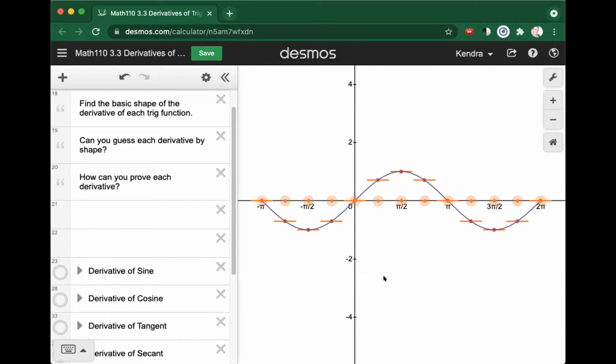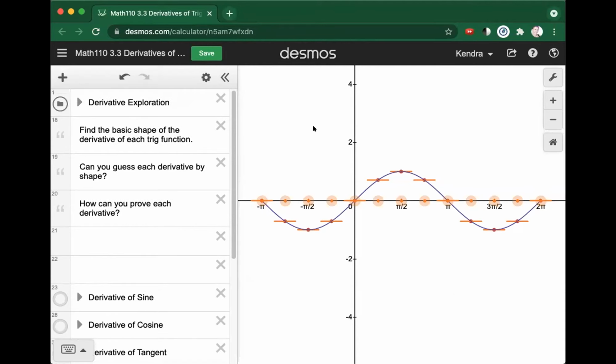This is the graph where I can drag these points to make little segments into tangent lines. Okay. And so I'm just going to drag these points until each of these little line segments looks like it's an actual tangent line. So that looks about right.